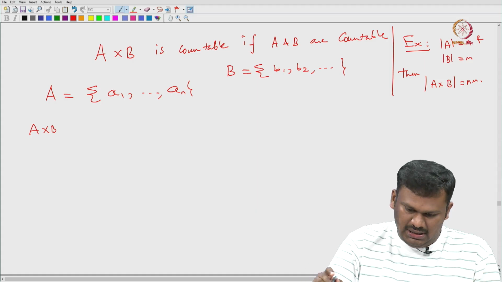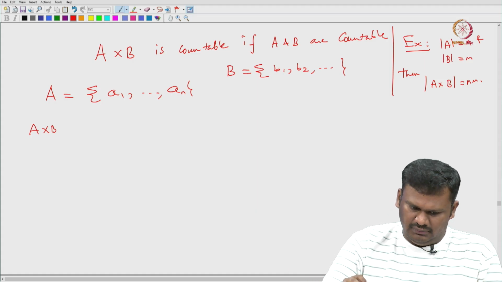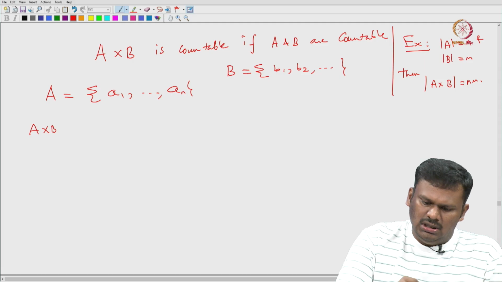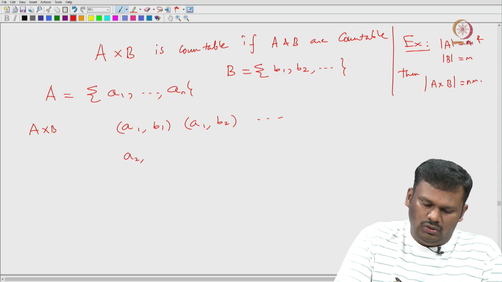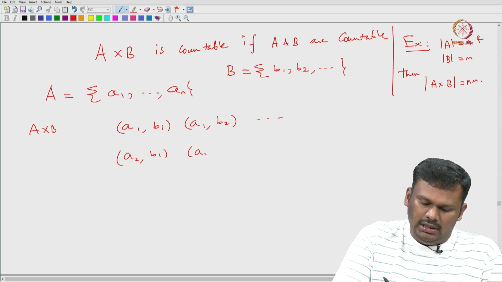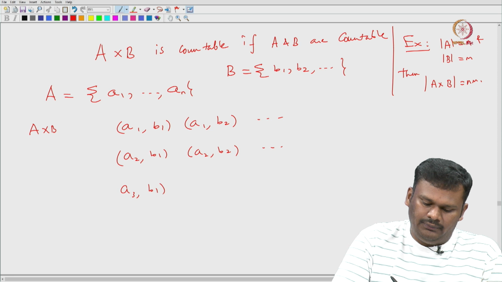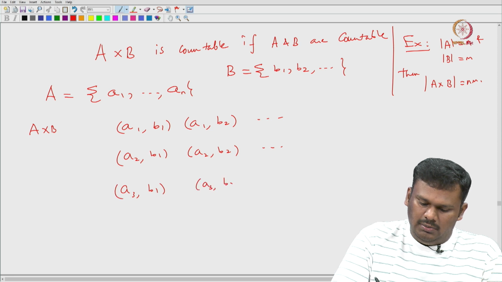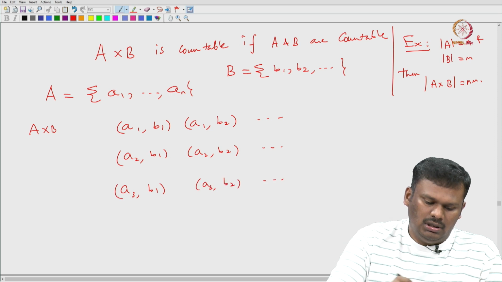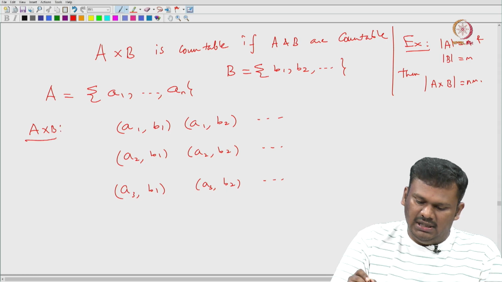Now if you assume B is countably infinite, there are infinitely many elements. So, you can write this as A1 B1 and then A1 B2 and so on, the way we wrote it before, and similarly you have A2 B1 and then A2 B2 and so on. Similarly, A3 B1 and A3 B2 etc. Now all the elements of A cross B can be listed like this.